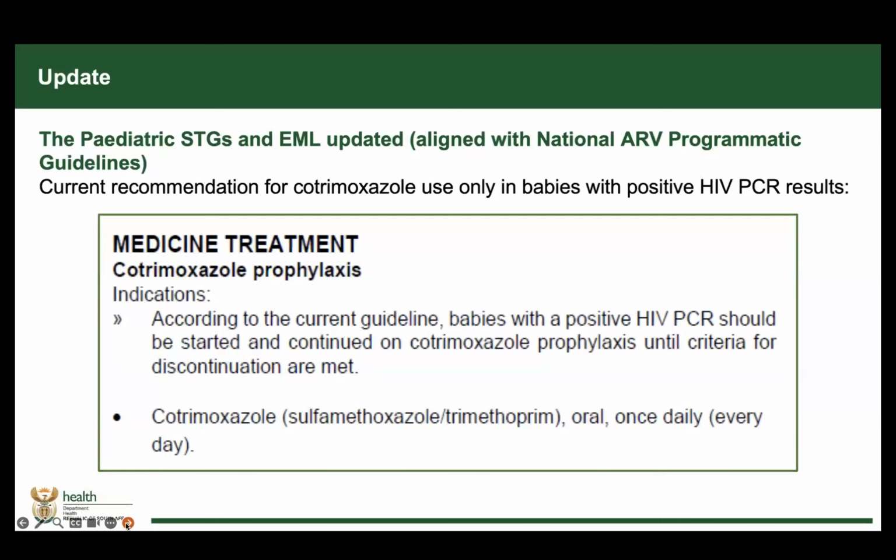Again, the idea was to ensure that the children at the highest risk of PJP pneumonia would benefit from this intervention, and to prevent children who would not benefit from being exposed to it. It also highlights the priority, which is ensuring that mothers remain HIV uninfected, and if they are HIV infected, that we maintain virological suppression.